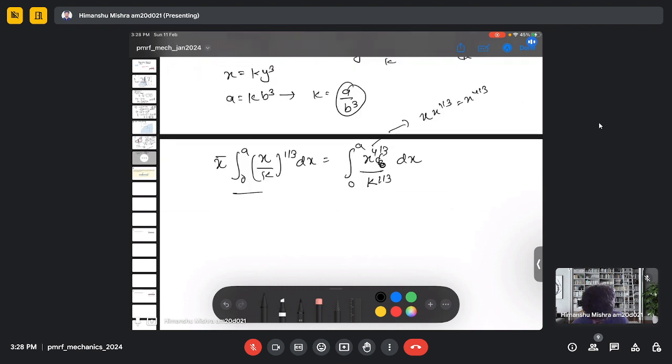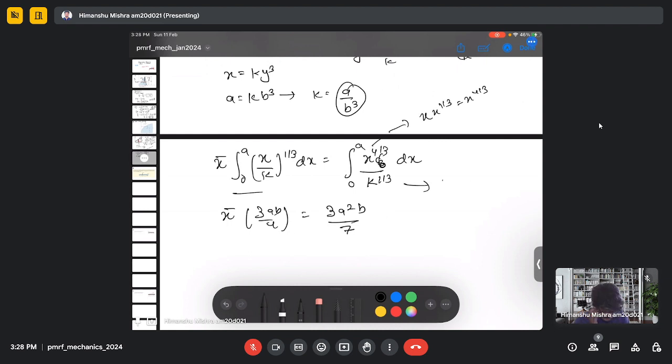So when you solve this from 0 to a, you get x bar times 3ab by 4 equals 3a square b by 7.